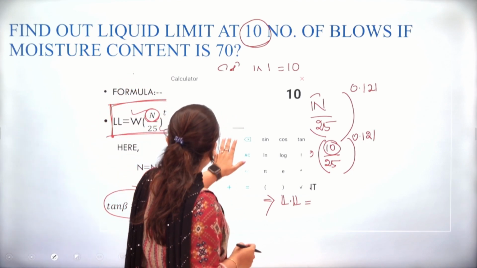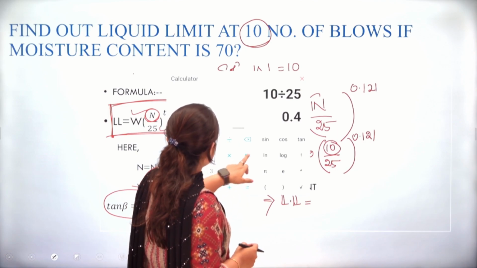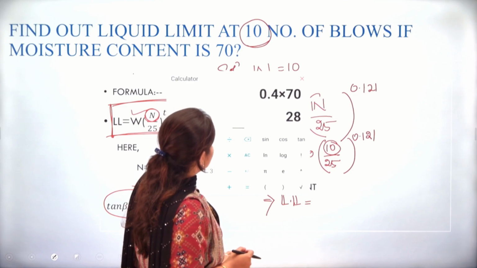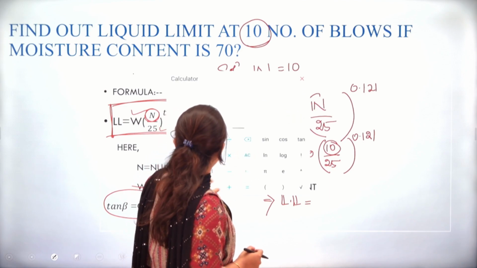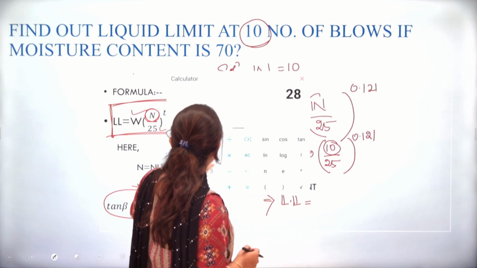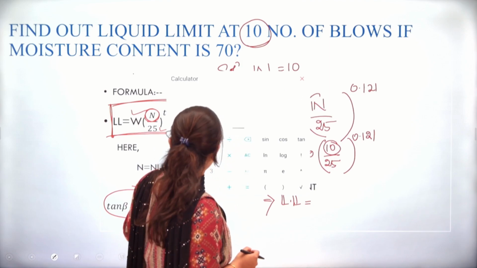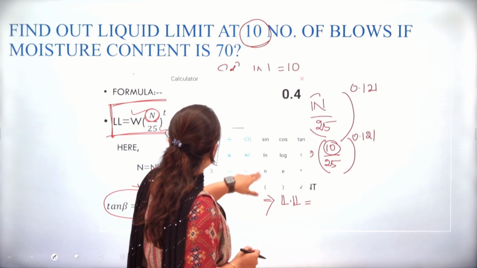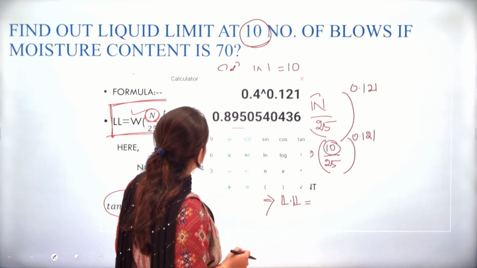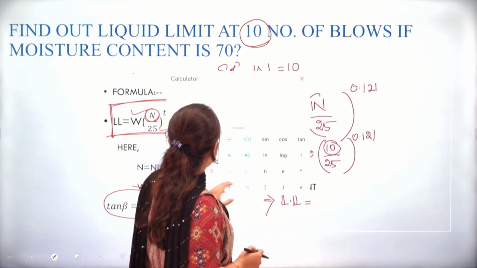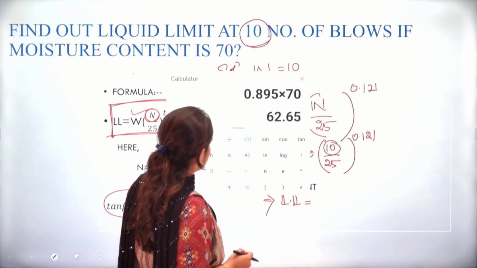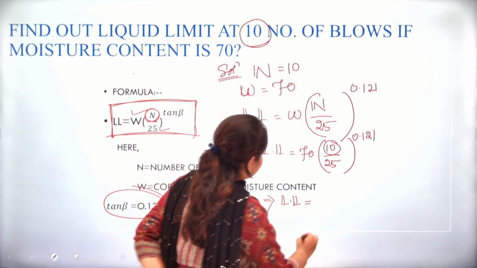10 by 25 is 0.4, to the power 0.121 is 0.895, and 70 times that gives 62.65.